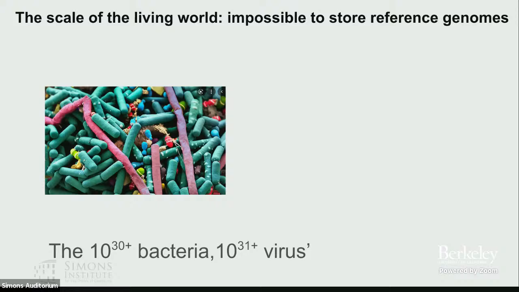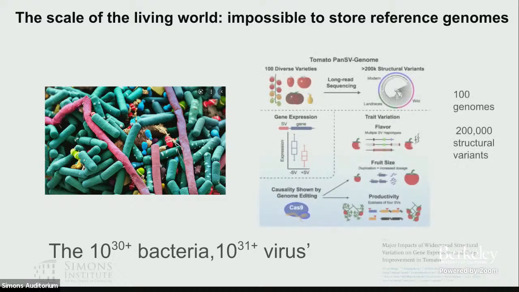Beyond cancers, the scale of the living world means that it is basically impossible to store reference genomes. There are more than 10 to the 30th bacteria on Earth, more viruses. In the plant kingdom, there is an incredible amount of structural variation.